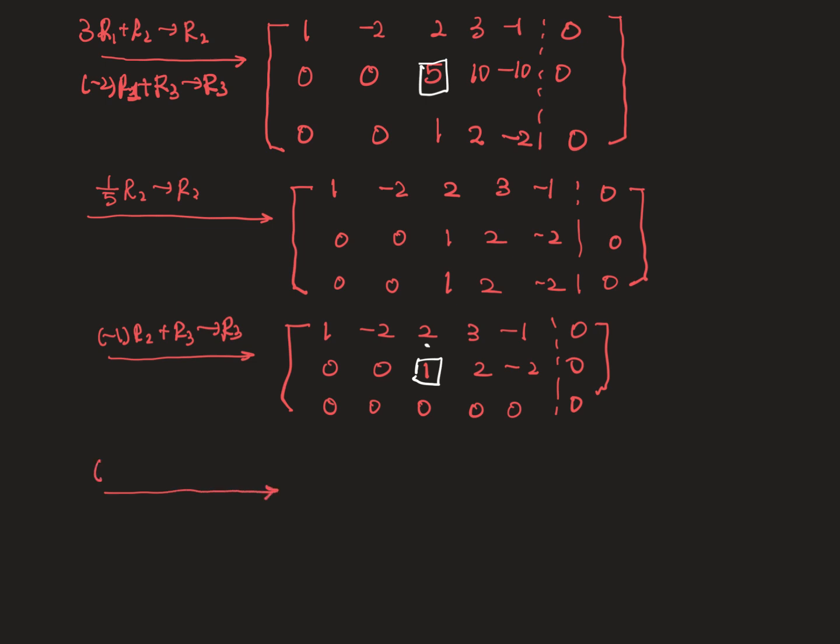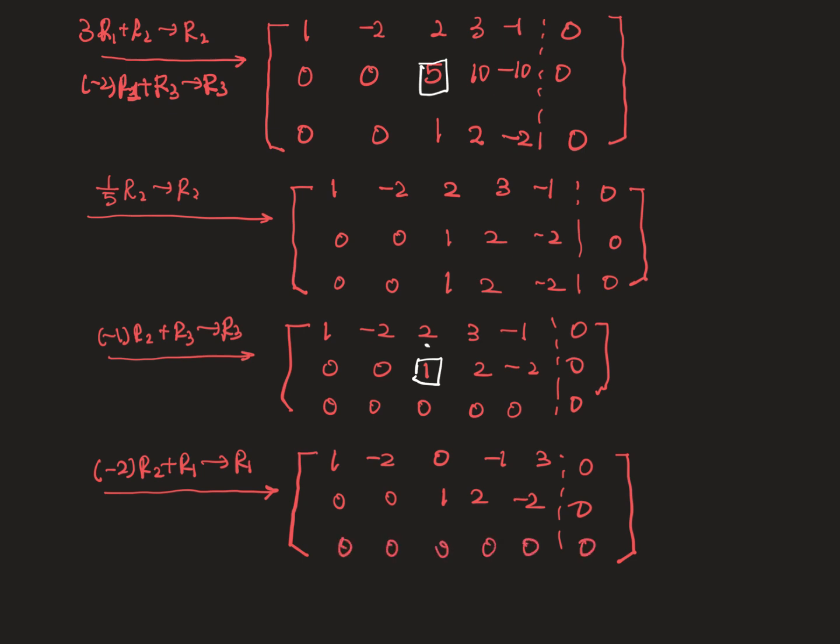So you're going to do negative 2 R2 plus R1 goes to R1. So I want you to see this. So you see 1, negative 2, 0, negative 1, 3, and 0, 0, 0, 1, 2, negative 2, 0, 0, 0, 0, 0, 0, 0.